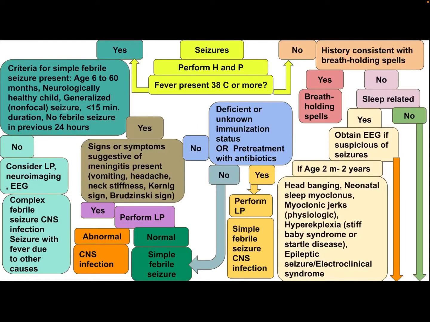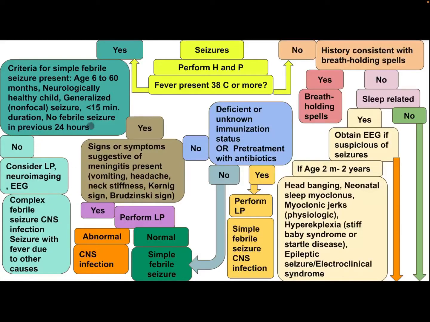Generalized non-focal seizure. Less than 15-minute duration. No febrile seizure in the previous 24 hours. If it is no, consider lumbar puncture and neuroimaging, EEG. This is either complex febrile seizure or CNS infection, seizure with fever due to other causes.